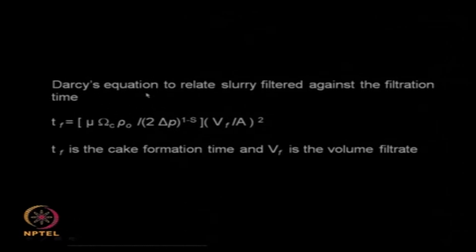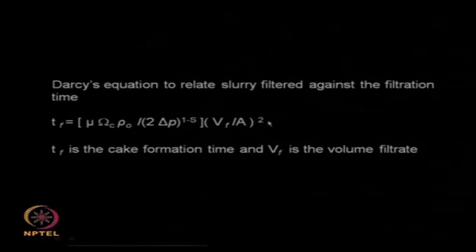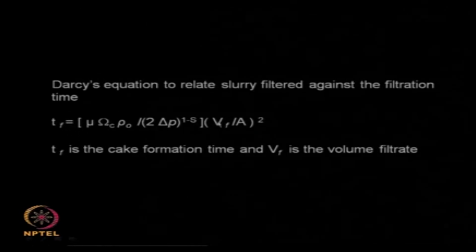So we can still use Darcy's law for calculating the filtration time. If you remember from our previous slides, you will get a relation for the time taken for the cake to form, or to filter a slurry of volume Vf.